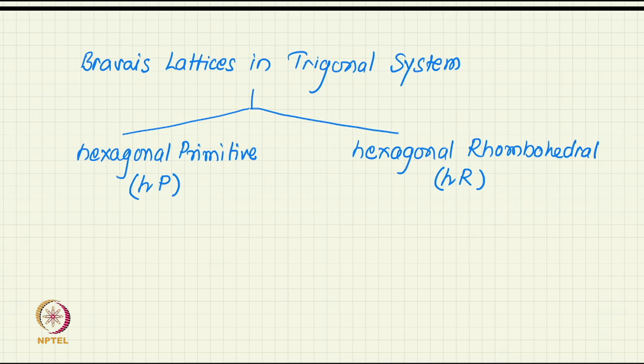P of course is primitive, and the conventional unit cell chosen for this lattice will be a primitive unit cell. In the rhombohedral, the conventional unit cells allowed are actually again 2.